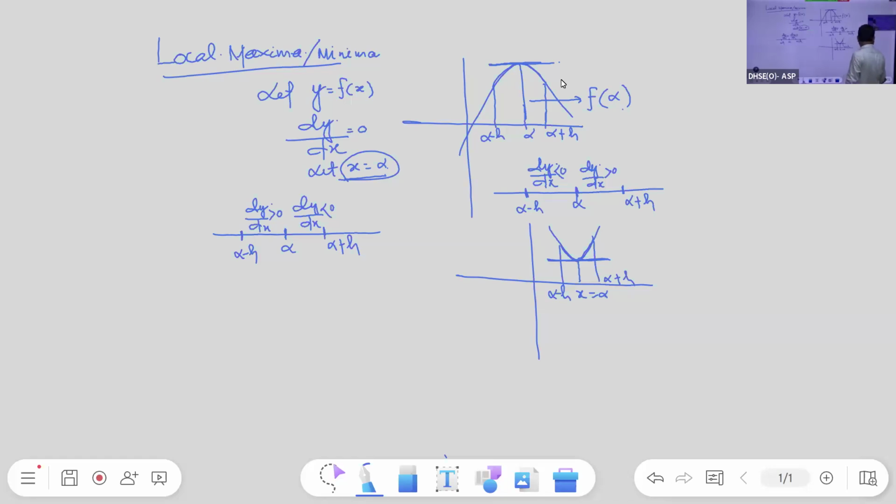Now come to nth order derivative test for local extremum.